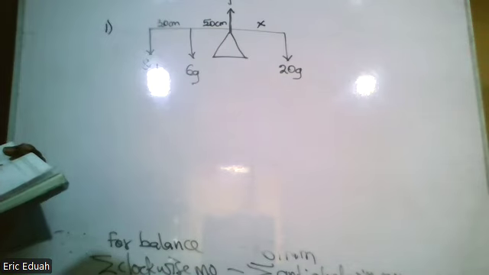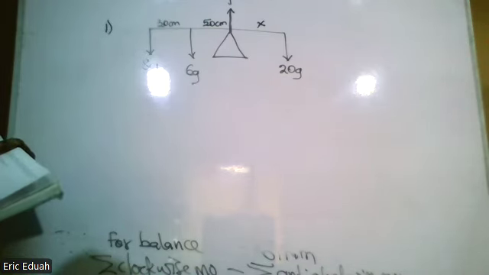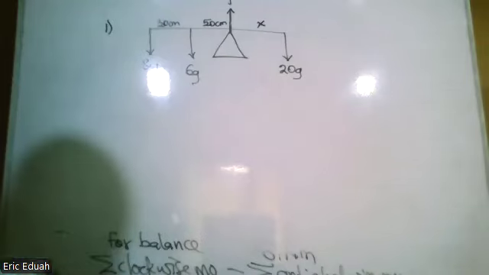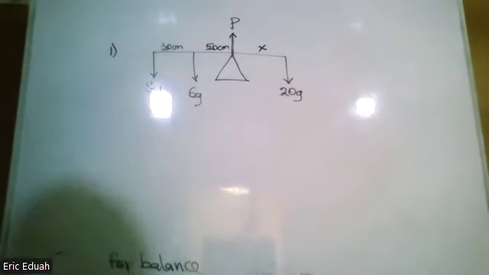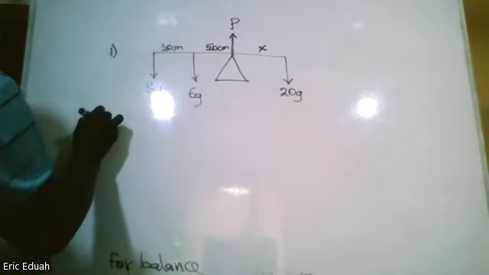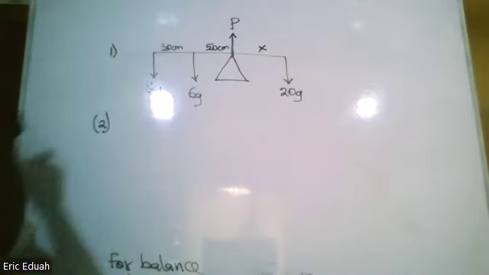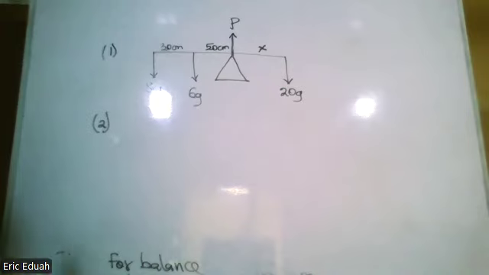Mr. Edia, please, what is the value on the upward? That is P. It's unknown. P is unknown. We have to find it, okay? Question 2.